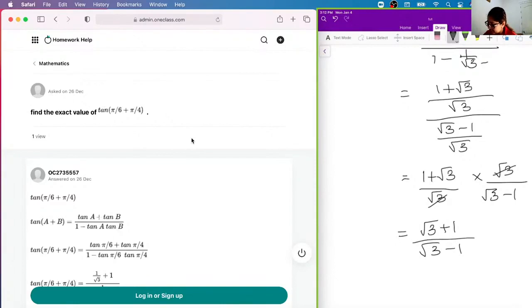So now we're going to rationalize this function.